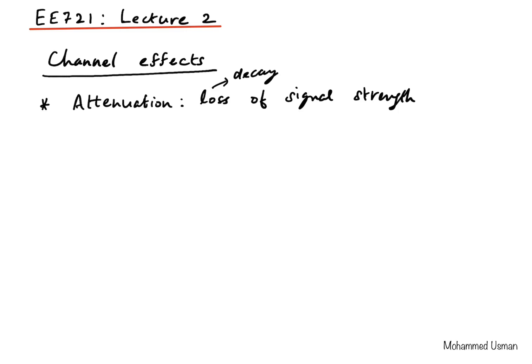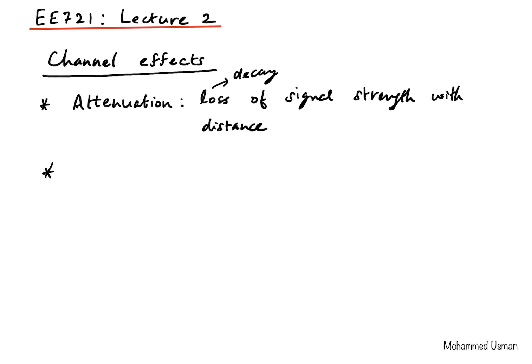The signal becomes weaker and weaker as it propagates further and further through the communication channel. So it's the loss or decay of signal strength with distance. That's the attenuation phenomenon that happens on a communication channel.